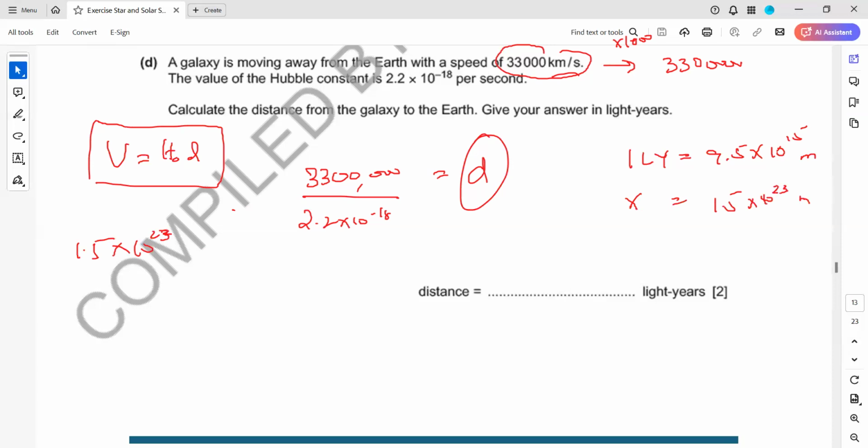When you cross multiply, X will be 1.5 into 10 to the power 23 divided by 9.5 into 10 to the power 15. When you divide, the distance will be about 1.58 into 10 to the power 9. That is the right answer. So you have to memorize this light year. One light year is equivalent to how many meters?